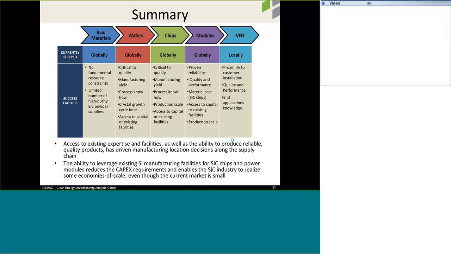Existing access to capital or existing facilities will facilitate rapid adoption and help drive manufacturing location decisions. Specifically on the devices and the wafers, access to existing silicon manufacturing facilities reduces your need for CapEx upfront and enables you to realize economies of scale, even though the current market is pretty small.